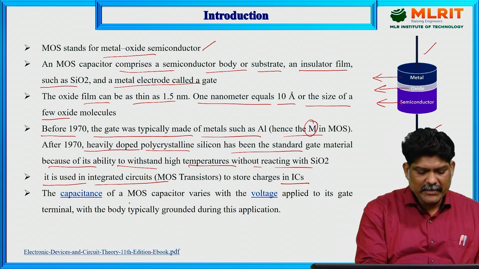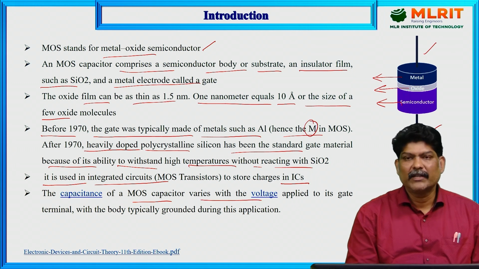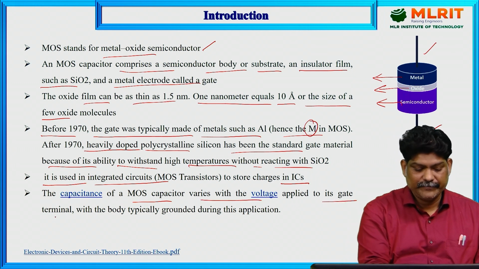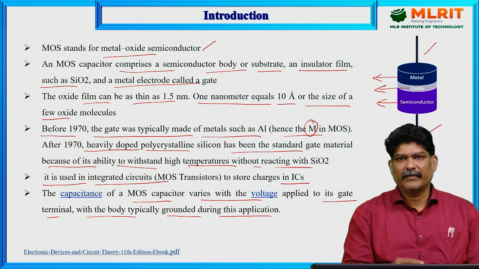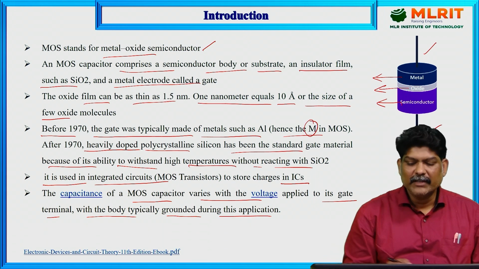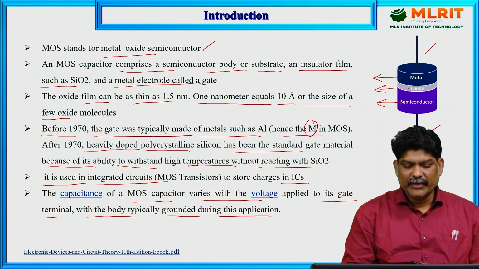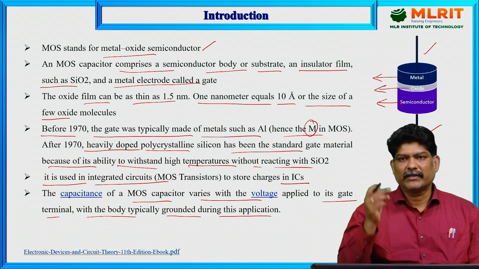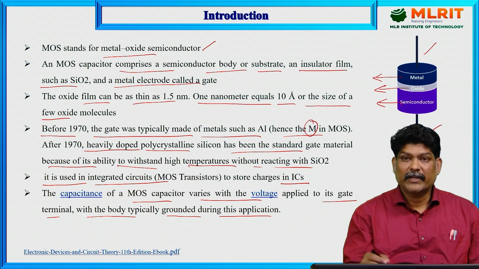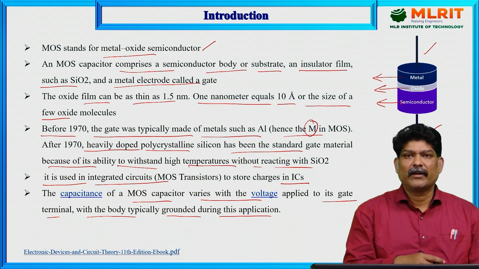The capacitance of a MOS capacitor varies with the voltage applied to its gate terminal, with the body typically grounded during this application. When voltage is applied across the gate, the capacitance of the MOS capacitor can be controlled.